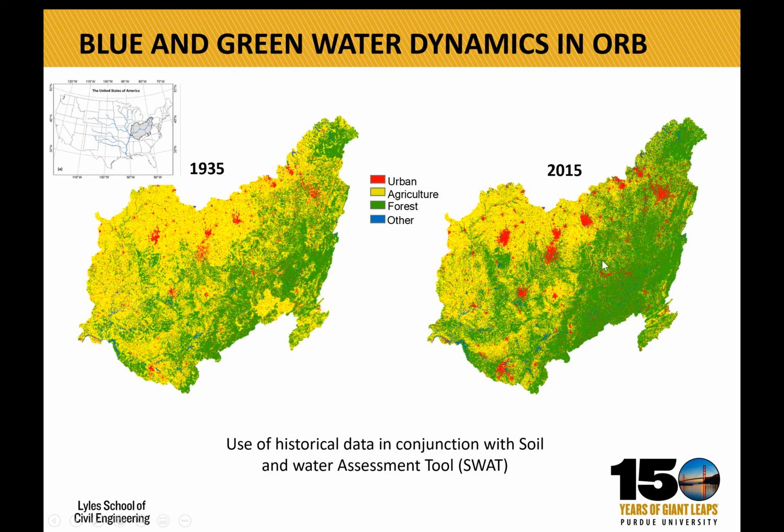We also see increase in forest area, and in some areas we see both decrease and increase in agricultural land. So what we are trying to understand here is how the blue water green water dynamics has changed in the last 75 years by using a model called SWAT, and I know some of you are familiar with this model.